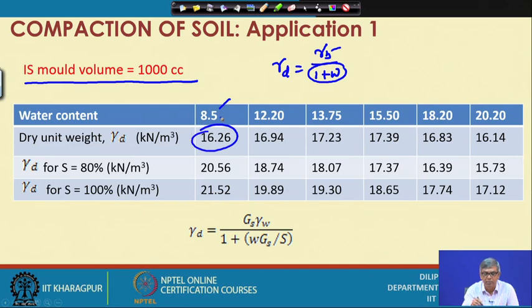For 8.5%, this is the dry unit weight; for 12.2%, this is the dry unit weight; for 13.7%, this is the dry unit weight; for 15.5% water content, this is the dry unit weight; for 18.2%, this is the dry unit weight; and for 20.2%, this is the dry unit weight.